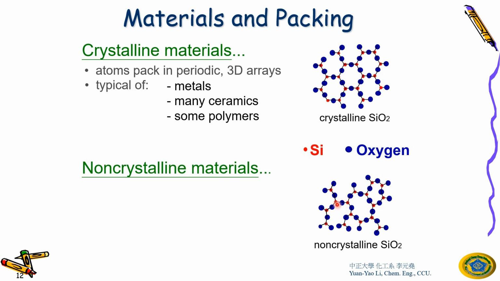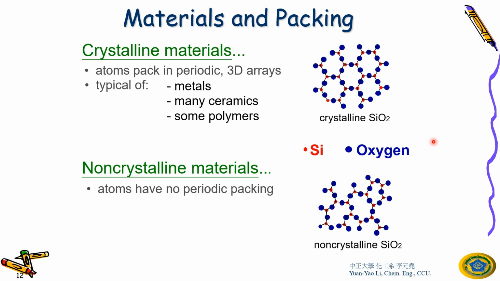And this is another example, which is a non-crystalline material. It is packed like this. This is oxygen, this is silicon, and you cannot find anything in order. What is this? Non-crystalline SiO2: glass. Okay, this is quartz, this is glass. Both are made of SiO2, but different structures give you different properties.